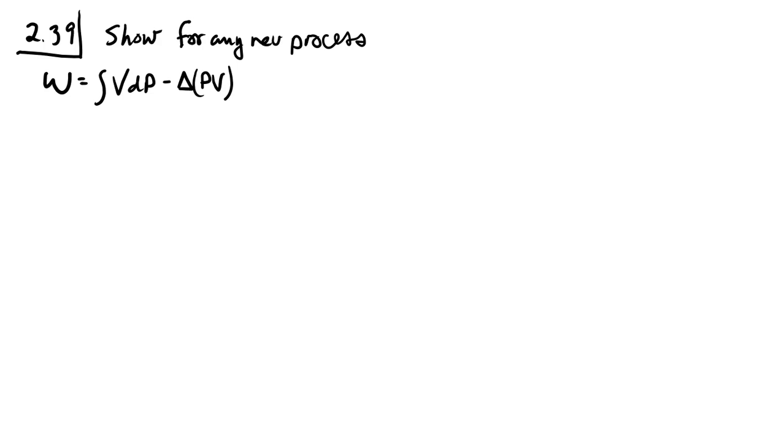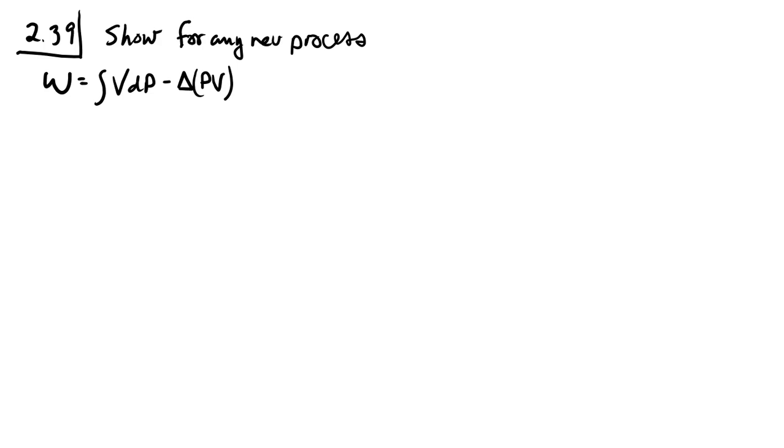So 2.39 says, show that work rate and heat transfer rate for an arbitrary, mechanically reversible, non-flow process are given by the following equations. I've written the work equation down here for you. Work is equal to the integral of VdP minus delta PV.